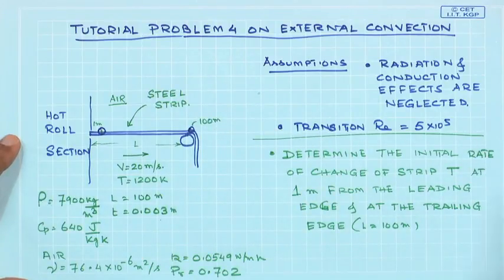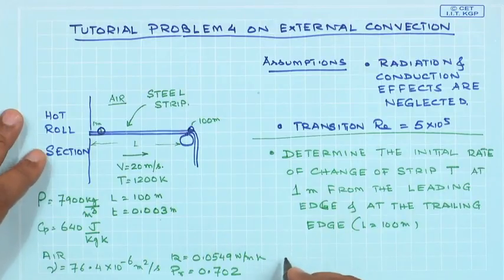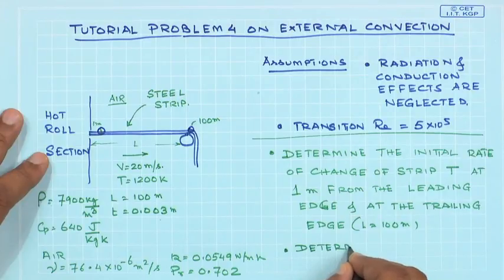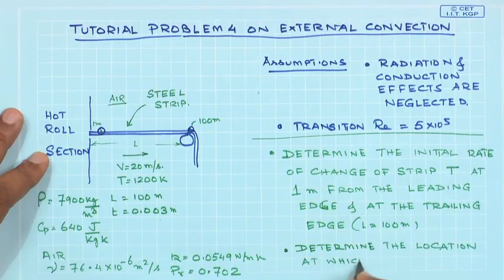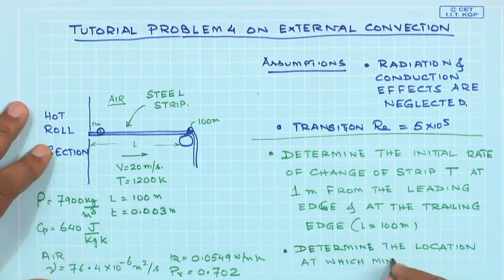In the second part, which is also equally important, determine the location at which the cooling rate is minimum, at which minimum cooling rate is achieved.